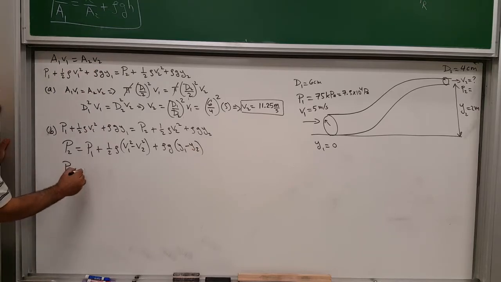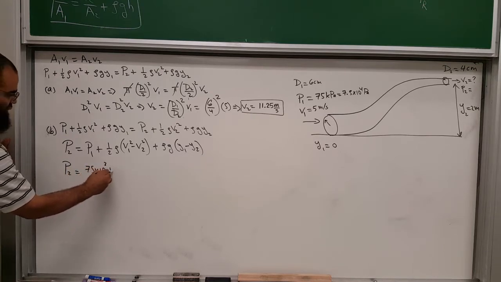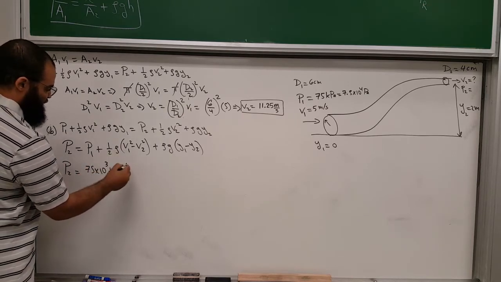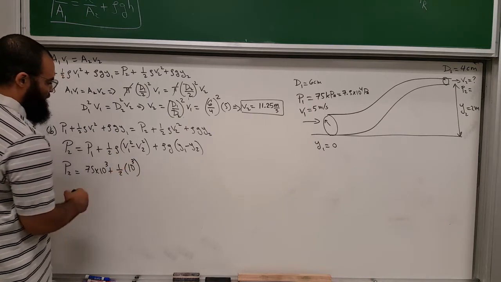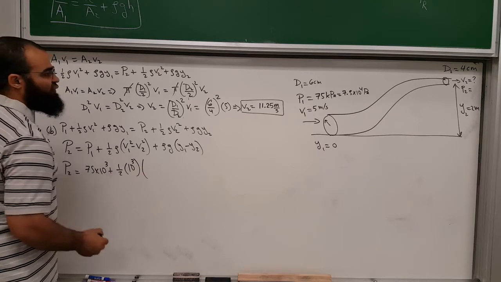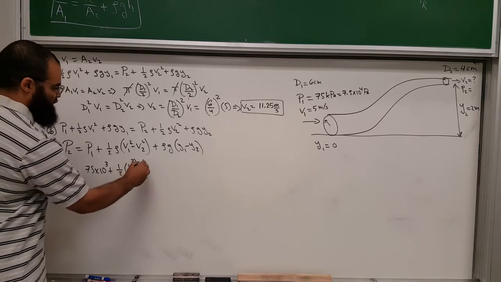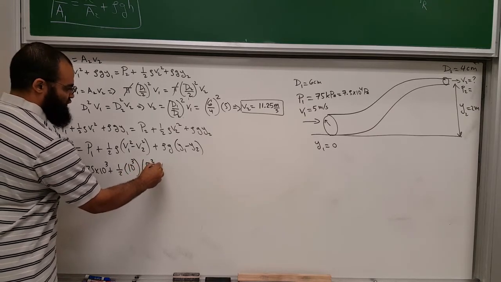P2 would be 75 kilopascals, so 75 times 10 to the 3, plus 1/2 times the density of water that's flowing, so that's 10 to the 3, times V1 squared minus V2 squared. V1 was 5, so 5 squared, minus V2 squared, that's 11.25 squared.